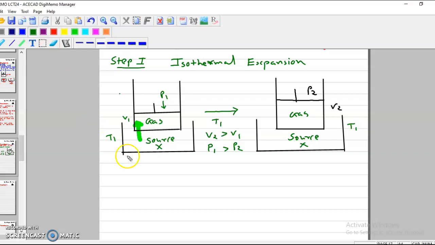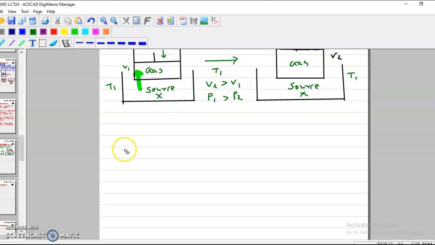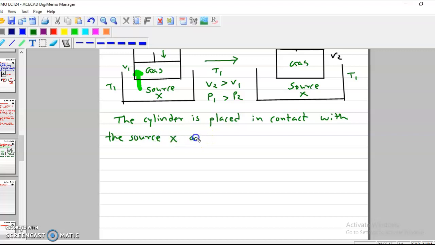So here we can explain it. The cylinder is placed in contact with the source X and the system absorbs energy.